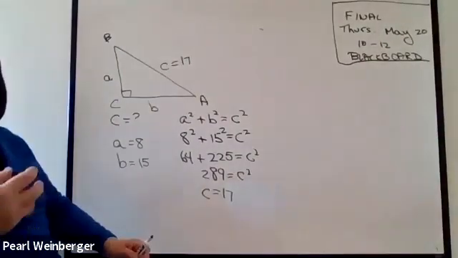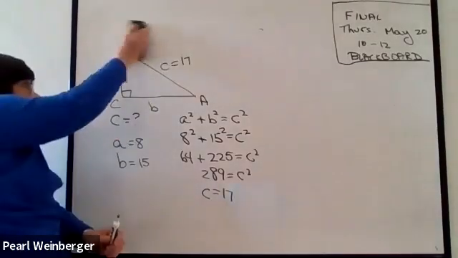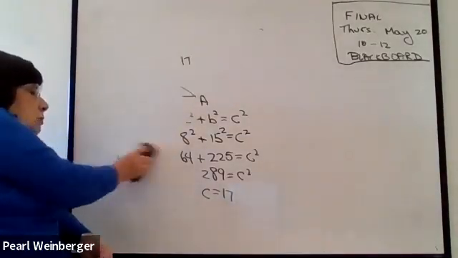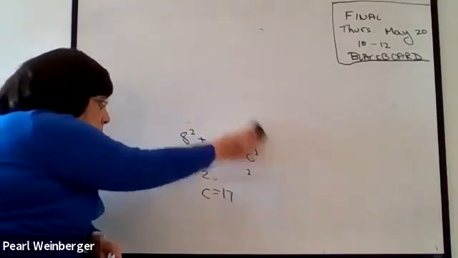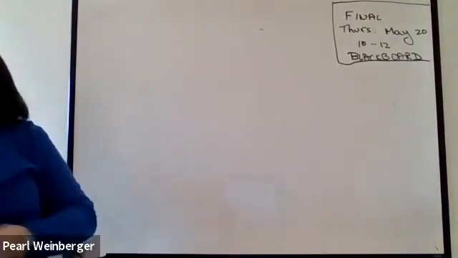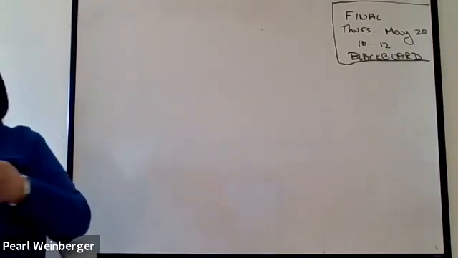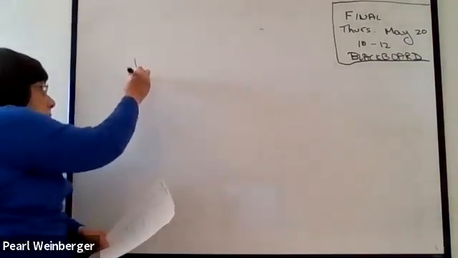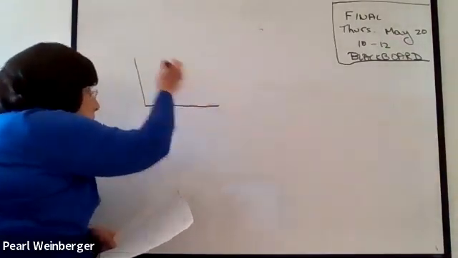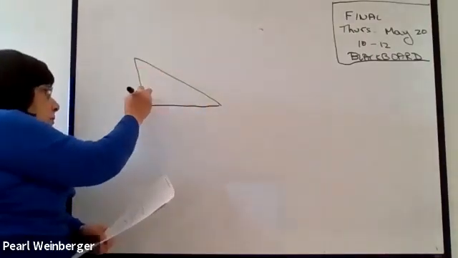All right, so now let's try a different type of problem, also about right triangles. What if I gave you this problem? Also a right triangle. Here's my right angle.